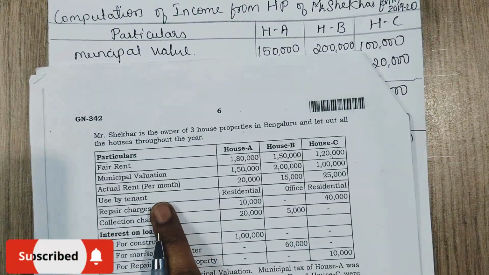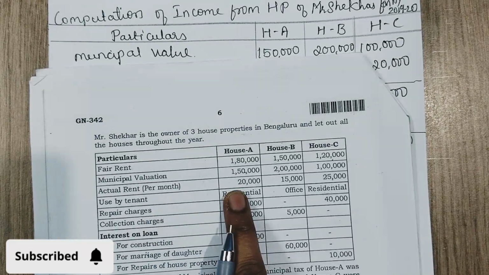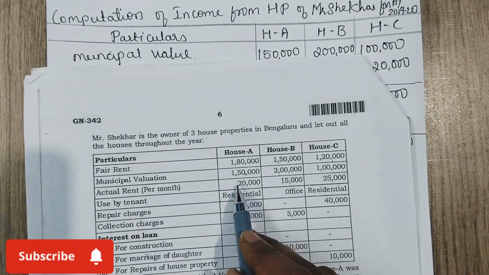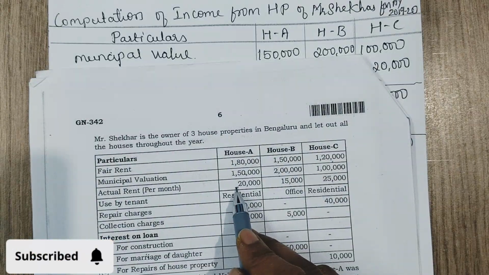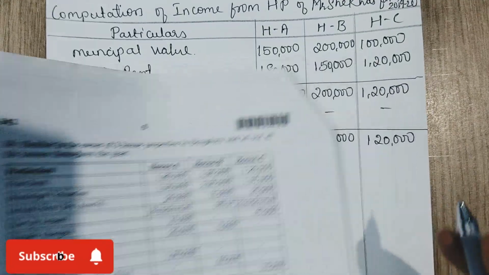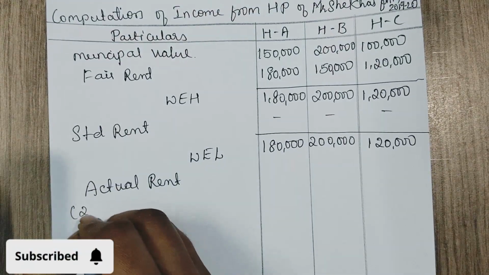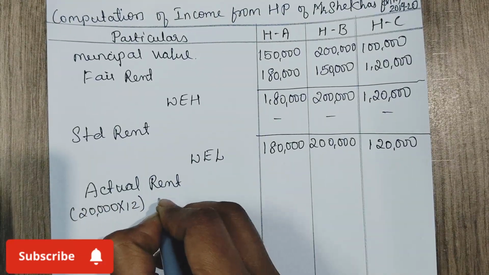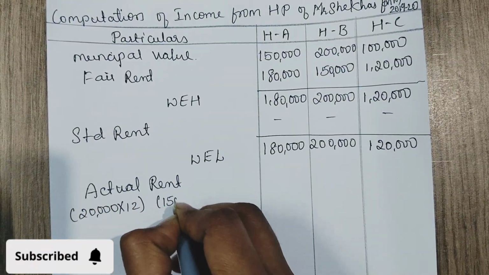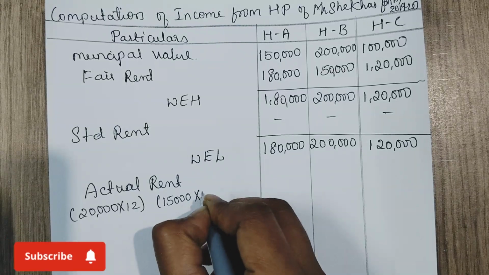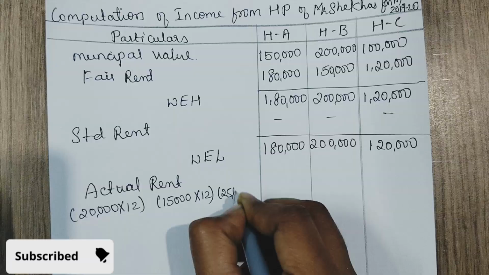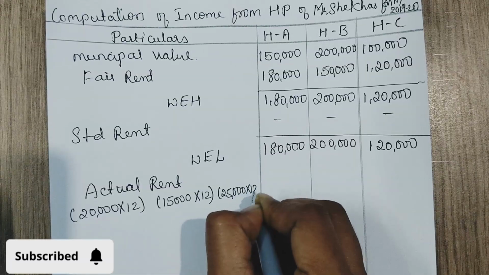Actual rent is given per month. So here you want to take it for the whole year. Then you are multiplying per month rent into 12 months. For a year we are going to consider 20,000 into 12, 15,000 into 12 for house B. For house C, 25,000 into 12.